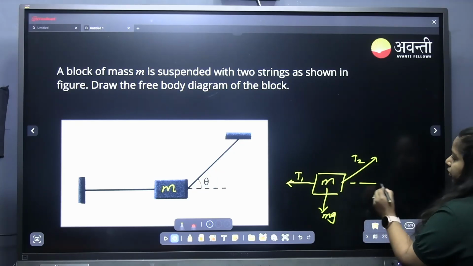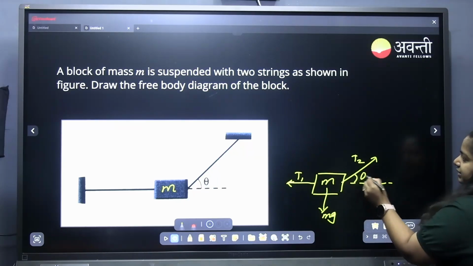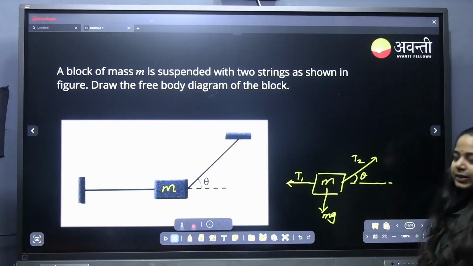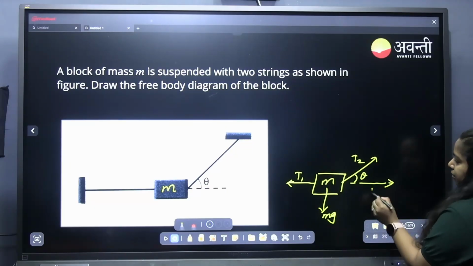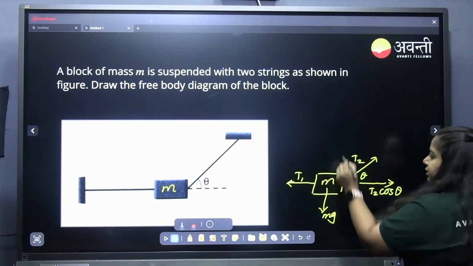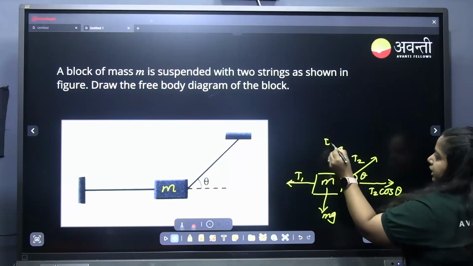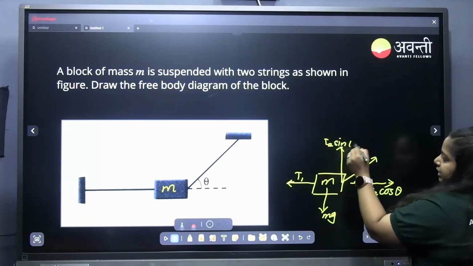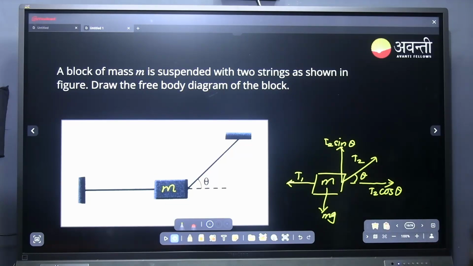As we know this angle is theta, as given in the question, so this will become T2 cos theta, and in this direction it will become T2 sin theta. Okay, this is resolution of components.